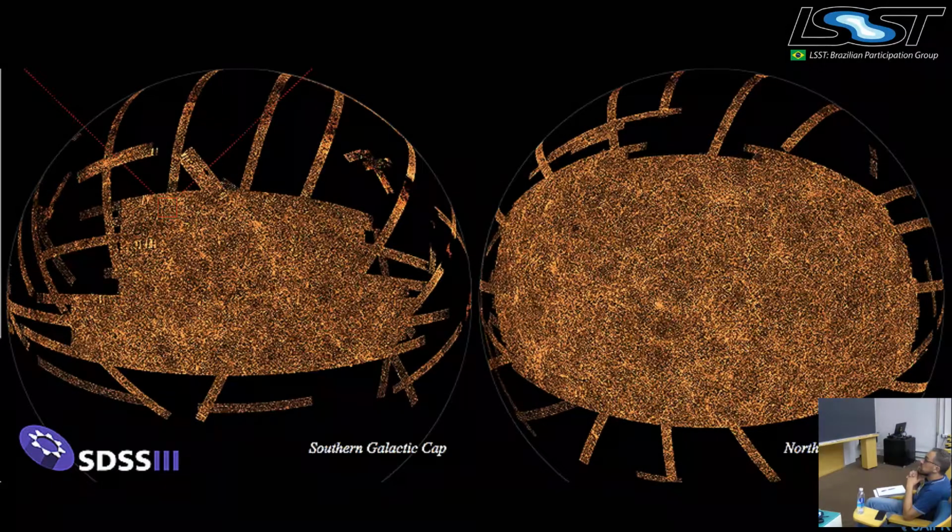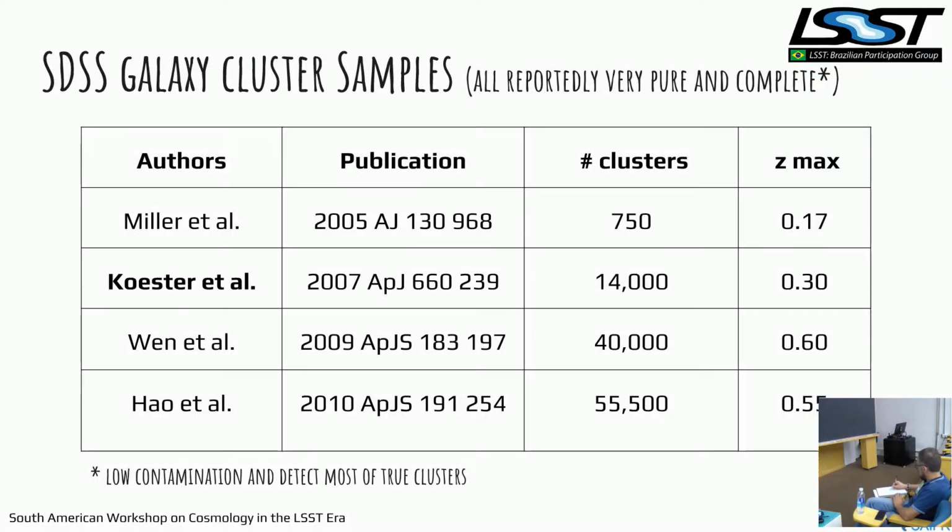Okay, so back to the Sloan. Sloan was really the one that started the business of having cluster catalogs with enough clusters so you could try to do cosmology, right? It was a project that took a lot of years, and for each year you would make a data release, and with that data release you would produce a new cluster catalog, and you can see that evolution here.